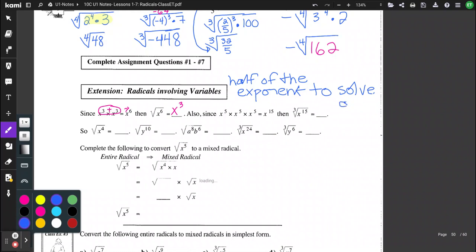So to solve a radical, you half it. You always take half. If it was an 8, you'd divide it by 2 and get 4. If it's a 10, divide by 2 and get 5. So this is a 6. We take 6, divide 2, cut it in half. We get 3. And then we look at our original. We had x3 and x3. So we got what we started with.